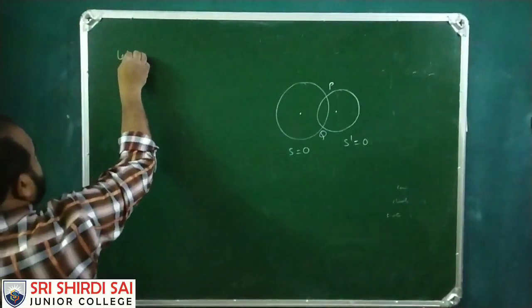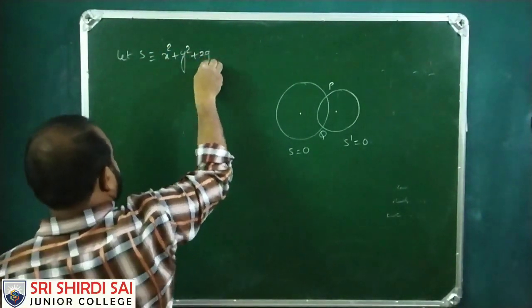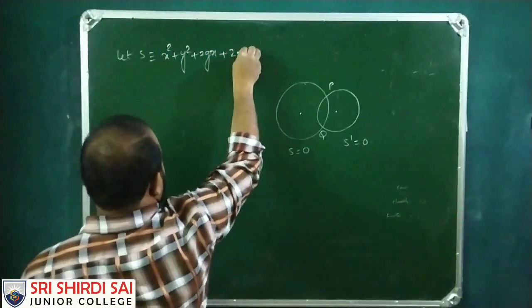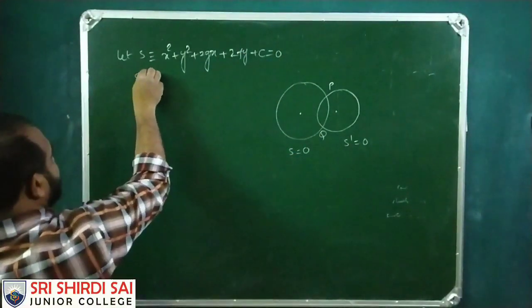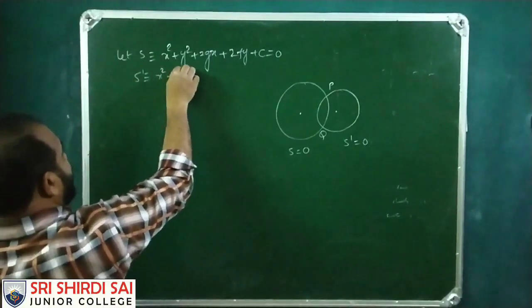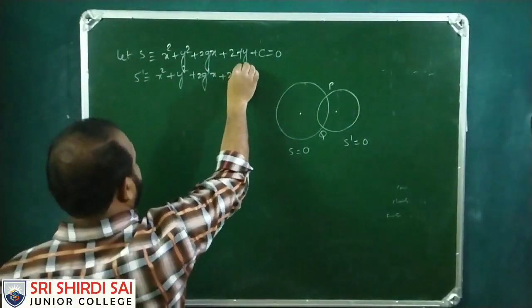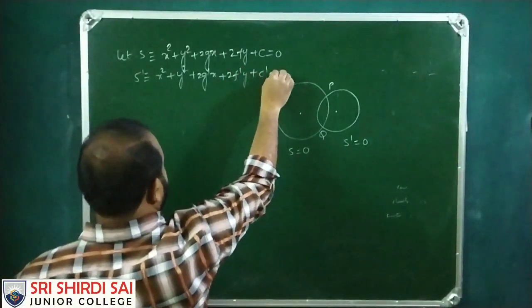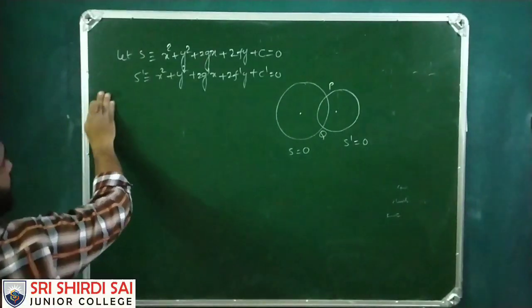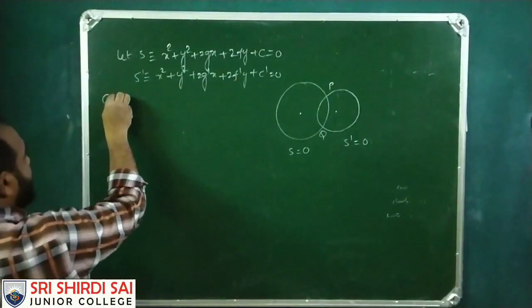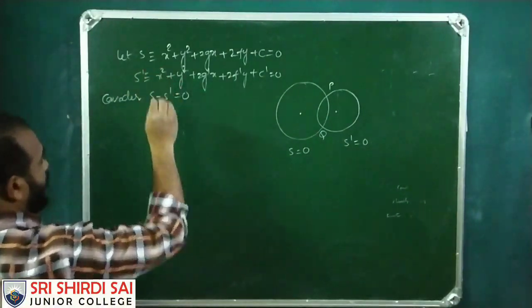Let S equal x square plus y square plus 2gx plus 2fy plus c equals 0. S dash is x square plus y square plus 2g dash x plus 2f dash y plus c dash equals 0. Consider S minus S dash equals 0.